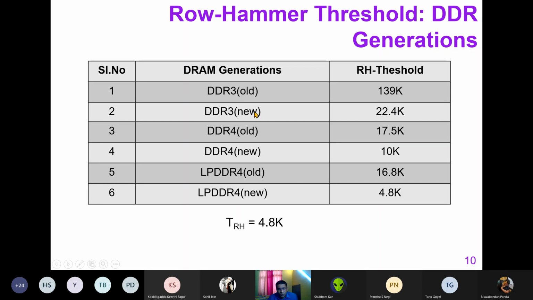Now as the technology node is going lower, the vulnerability is becoming very high. You can see at LPDDR4, with only 4.8K, that is 4,800 activations, an attacker can perform a row hammer attack. So we are denoting that as TRH equal to 4.8K. We'll be using this in the subsequent presentation.